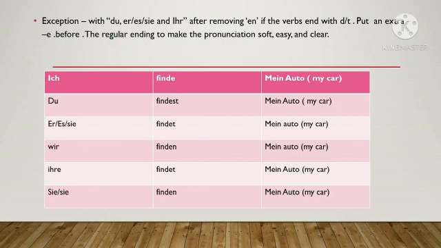After removing en, if the verb ends with d or t, put an extra e before the regular ending to make the pronunciation soft, easy and clear.